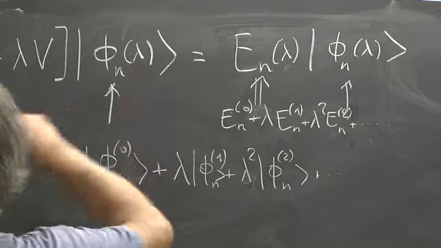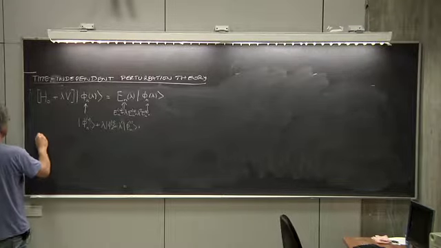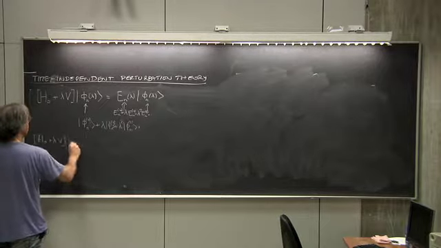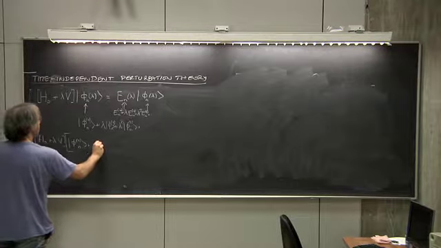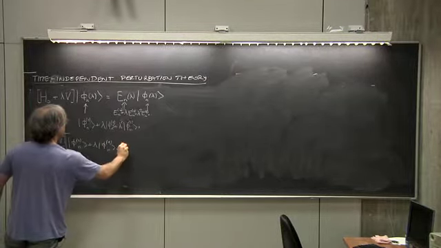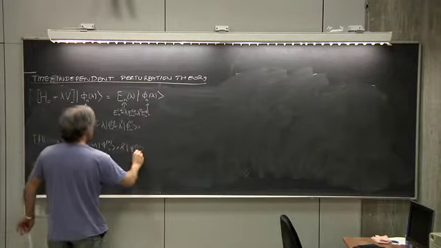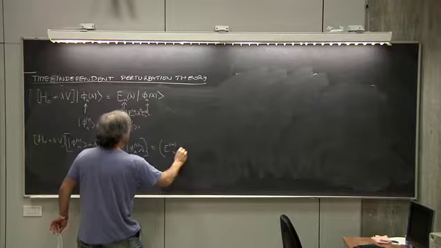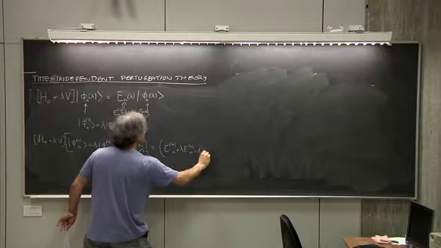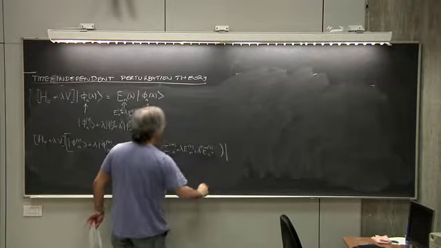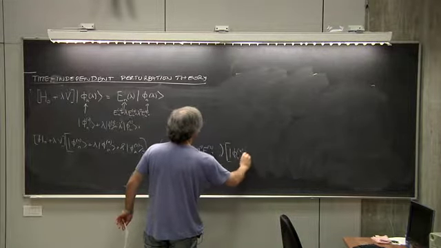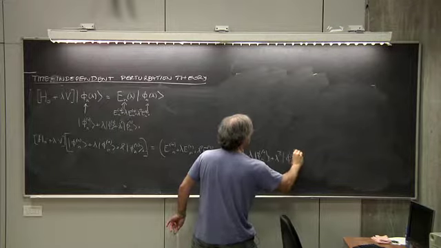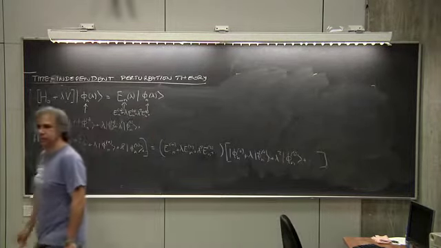If you plug in, you will see immediately that you have (H0 plus lambda V) times (phi_0n plus lambda phi_1n plus lambda squared phi_2n, plus other things), which should be equal to (E_0n plus lambda E_1n plus lambda squared E_2n) times, again, an expansion for the state, phi 0 plus lambda phi 1 plus lambda squared phi 2. I've inserted the expansion everywhere.